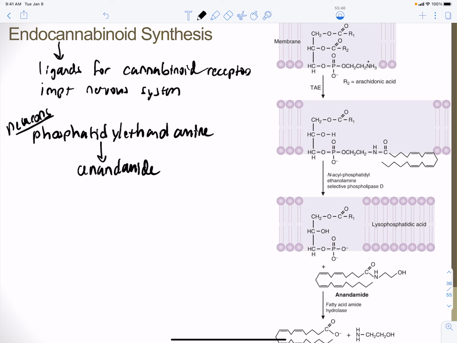Intracellular calcium elevation is going to be what's important for endocannabinoid synthesis, and calcium is going to increase due to depolarization following a neurotransmitter on the postsynaptic neuron. So you have neurotransmission.